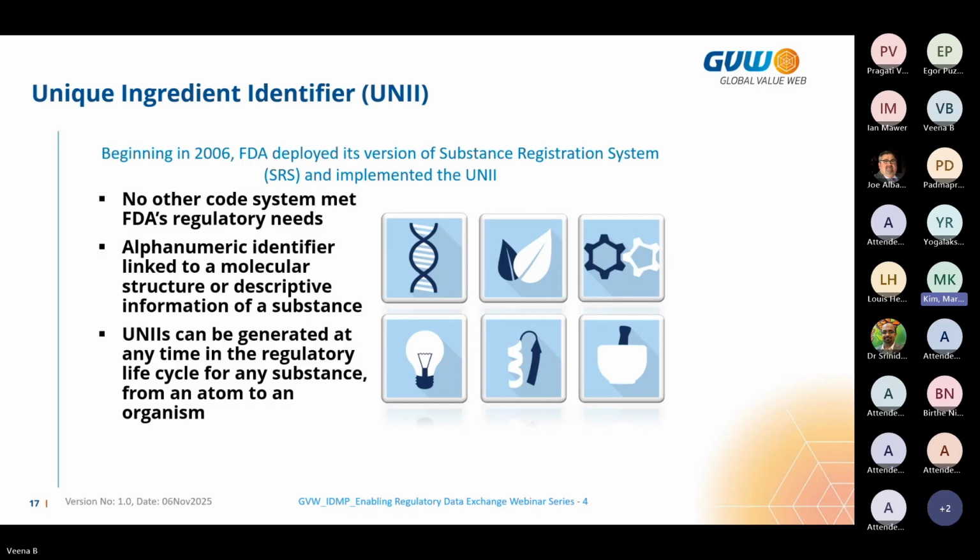Because remember, we also have foods, and if you want to discuss a cow, we want to know specifically what part of the cow is the ingredient you're talking about. And the UNIIs can be generated at any time in the regulatory life cycle for any substance, from an atom to an organism. Next.